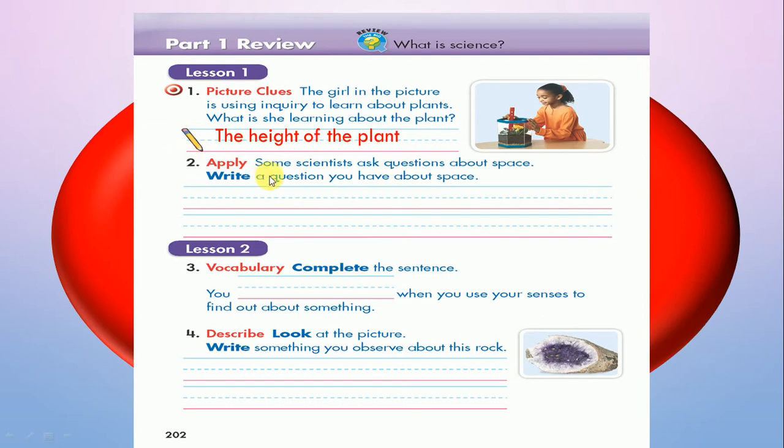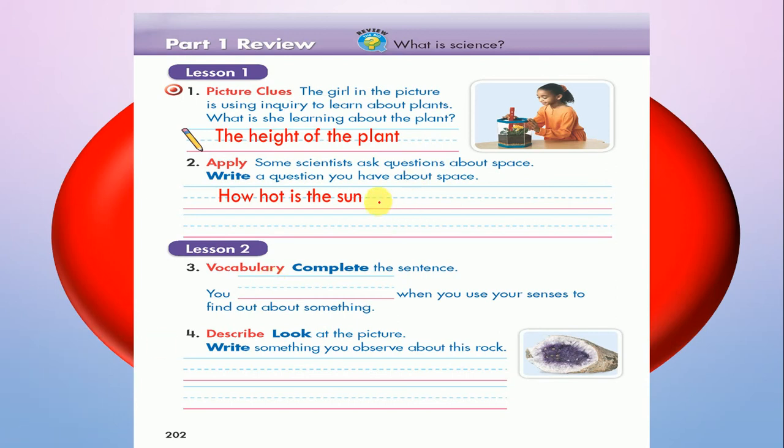2. Some scientists ask questions about space, like the sun, the moon, planets. Write a question you have about space. How hot is the sun? And don't forget to put the question mark.